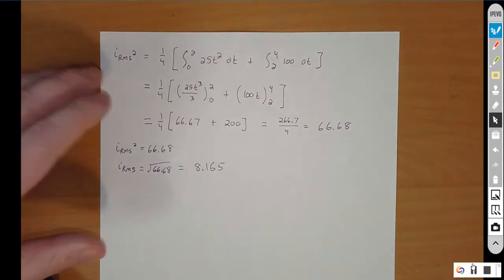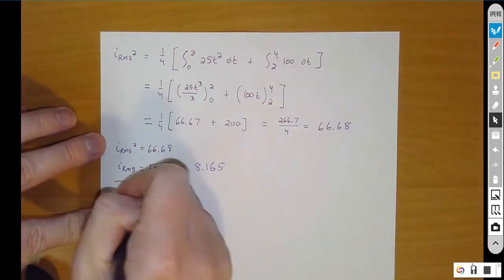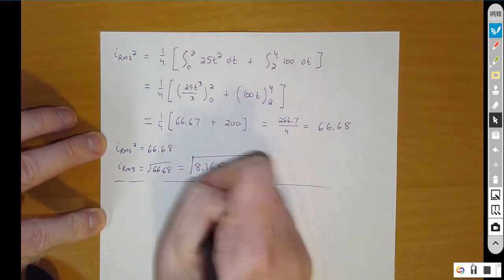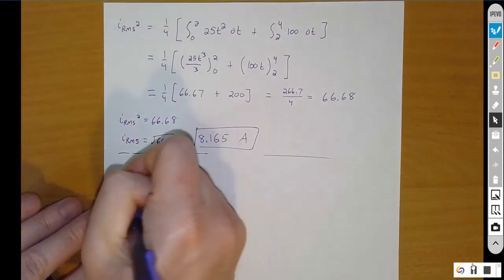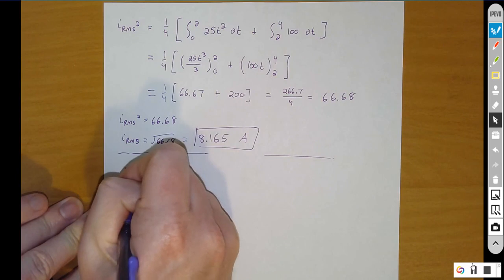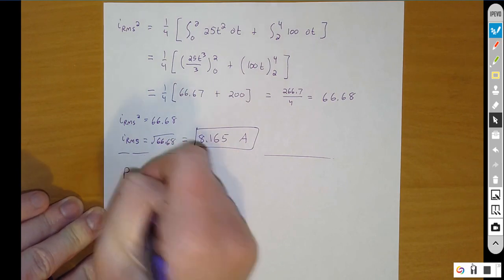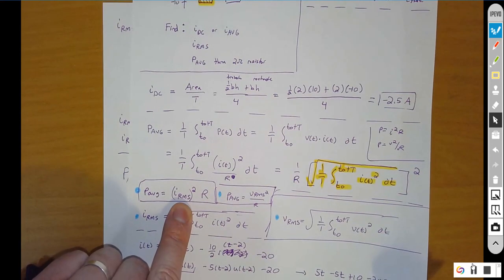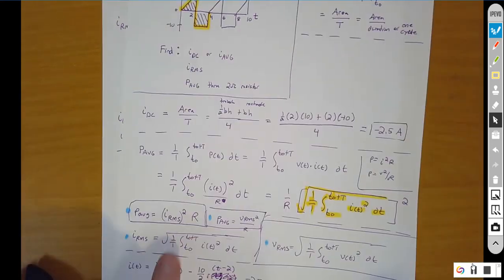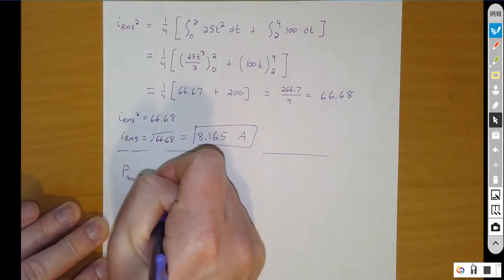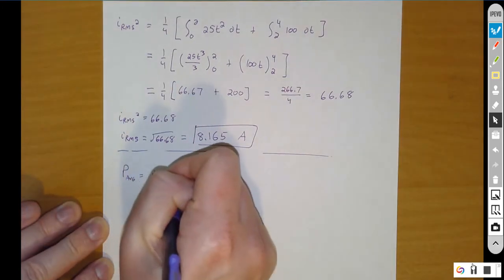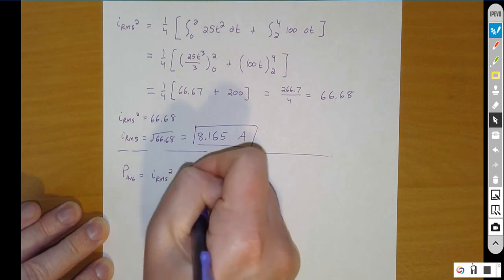All right. So now, that is amps. So the last thing to do is to find power through a 2 ohm resistor. So power average, if you remember, we have this equation, I_RMS squared R. So we can say that it is I_RMS squared times R. Our R is 2.